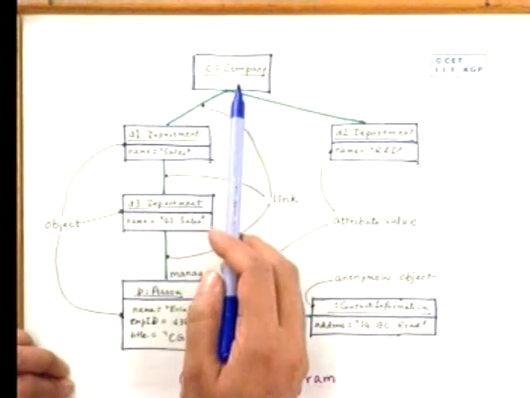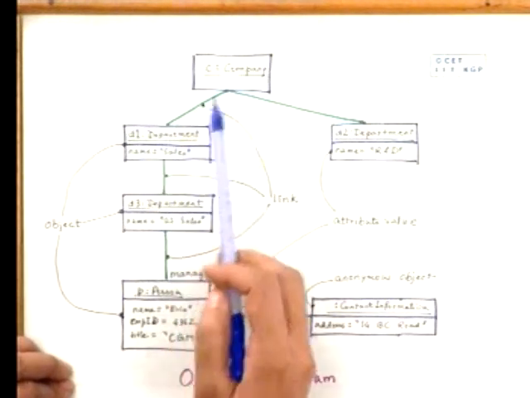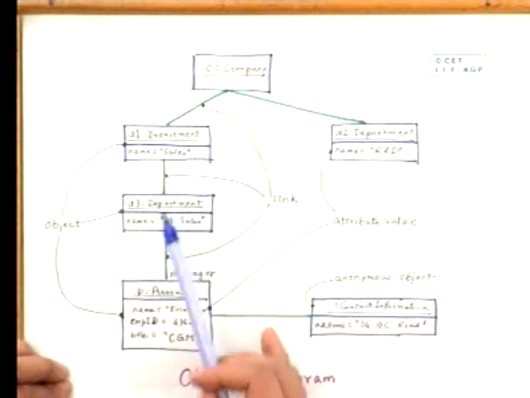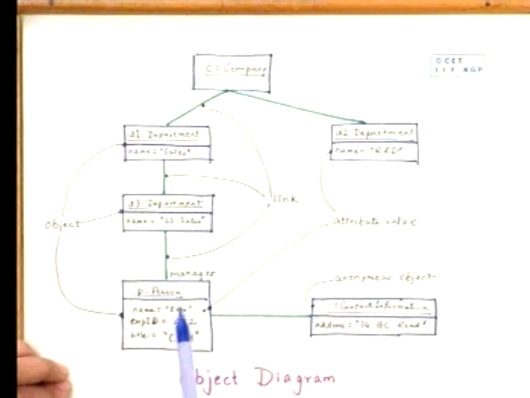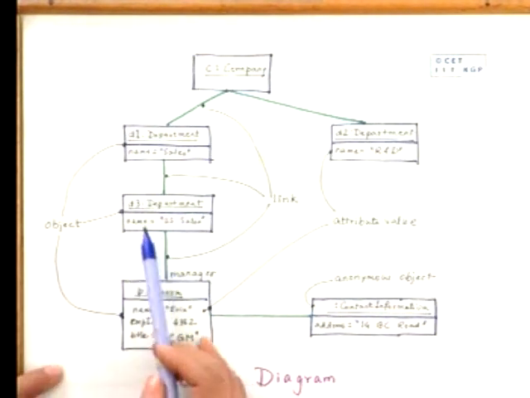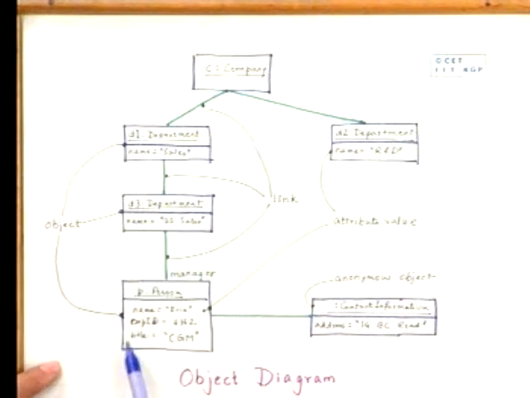And there are links between C and D1, C and D2, D1 and D3. And D3 and P, where P is a person. And this person is a manager of the department D3. The name of the person is Erin. The employee ID is 4362 and the title of the person is CGM. So these 6 things are the different objects.